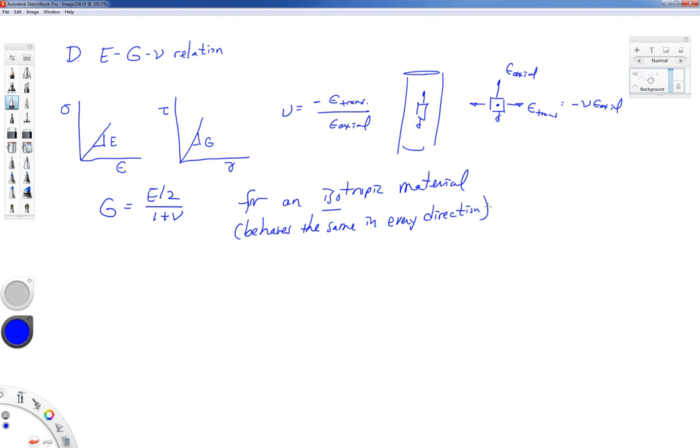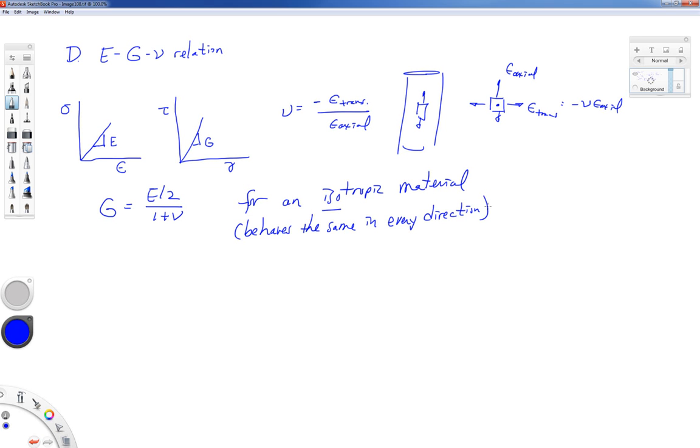But in a lot of cases, and the ones that we're going to look at in our course, we will primarily be looking at isotropic materials, things like metals, glass, that we're at such a length scale that if you pull on it up and down or left and right, you'll get the same kind of stress-strain response. Some very important classes of materials are anisotropic.